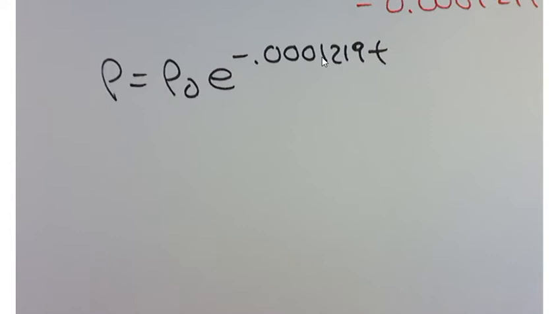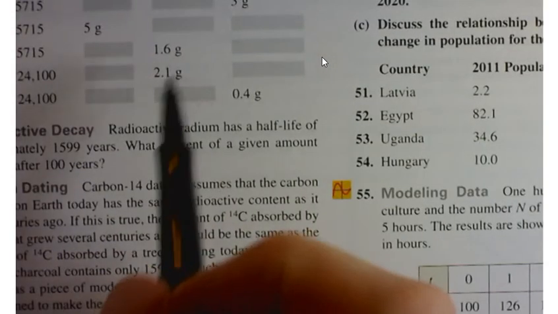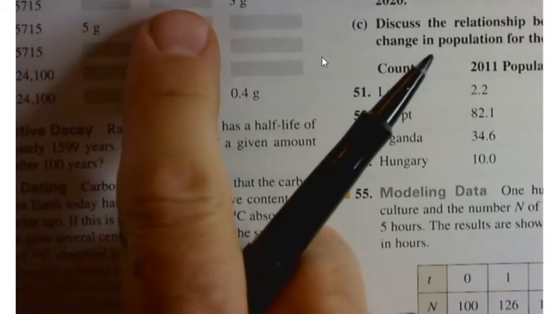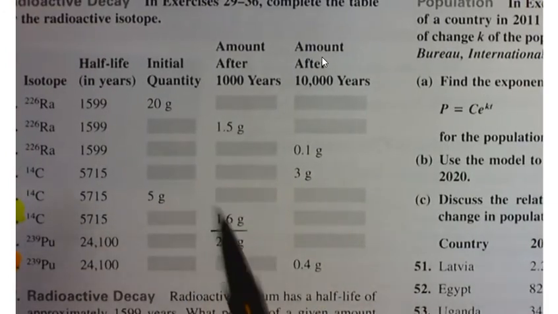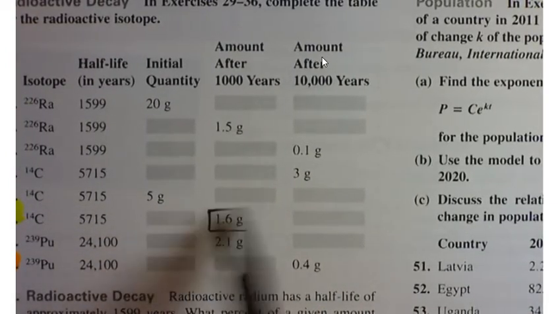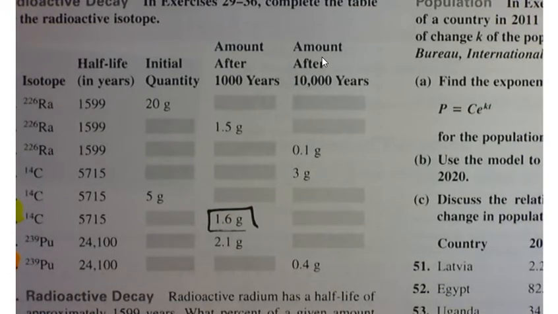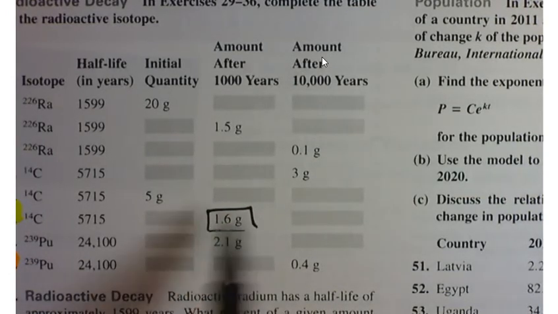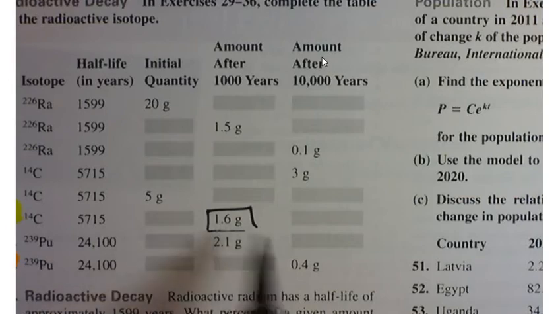Oh, they tell us that 1.6 grams is left. I guess we're going to have to do both parts of this. So there's 2 last parts. After 1,000 years, there's 1.6 grams of this stuff left. So we're going to use that to figure out how much you started out with, and then we can answer whatever question we want from there.